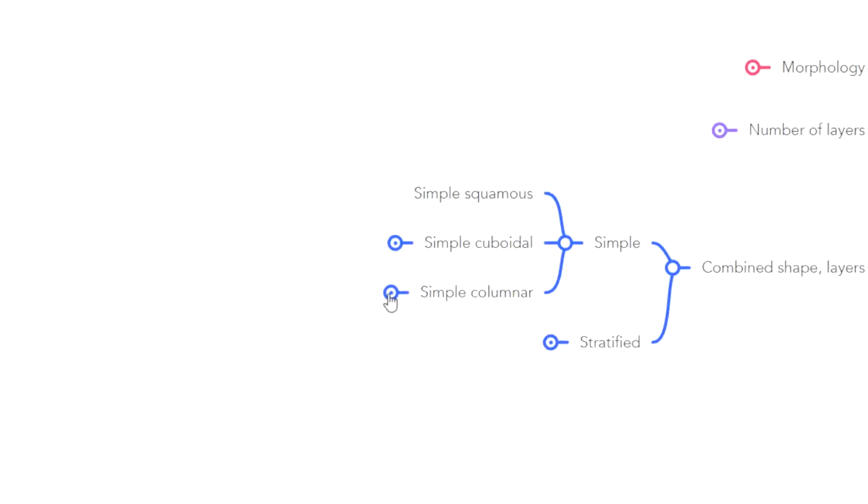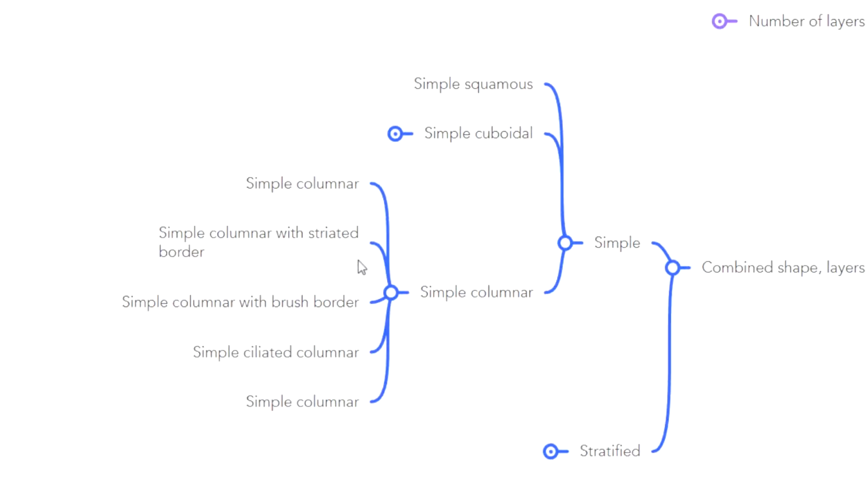Now coming to the simple columnar, there is simple columnar epithelium, that is one layer of columnar cells without any surface modifications. Then simple columnar with striated border, where the apical surface has microvilli regularly arranged.